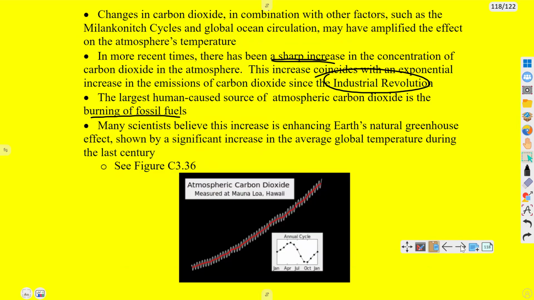So we have seen since the Industrial Revolution greater dependence on the burning of fossil fuels as a source of energy. We've talked about this in the past in the chemistry unit, but when we release large amounts of carbon dioxide into the atmosphere through these hydrocarbon combustions, that's enhancing the Earth's natural greenhouse effect.